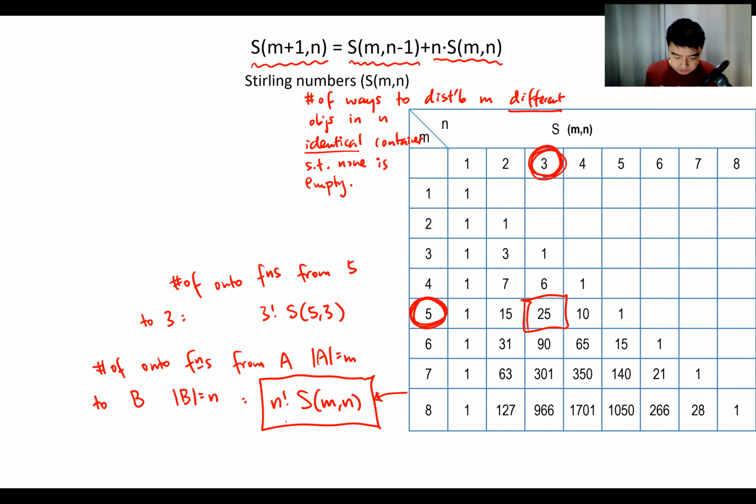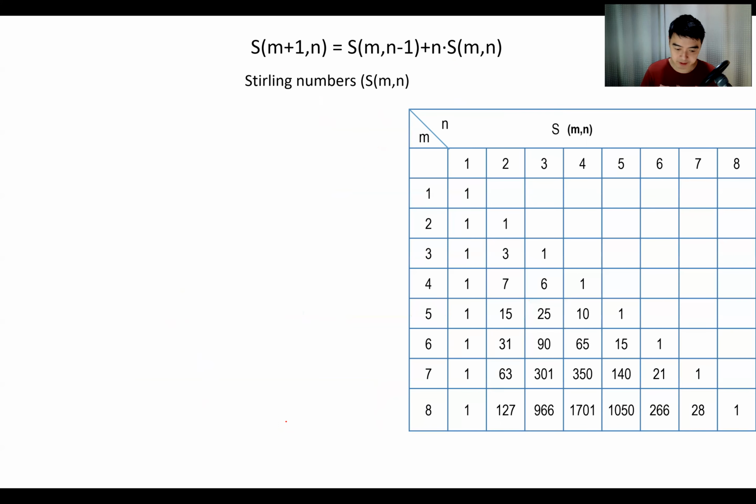All right, so a couple of things about how to apply this equation. If I ever wanted to find, let's say, S of 7, 3, and I don't know how to generate this row, I want you to see how this table is made up.